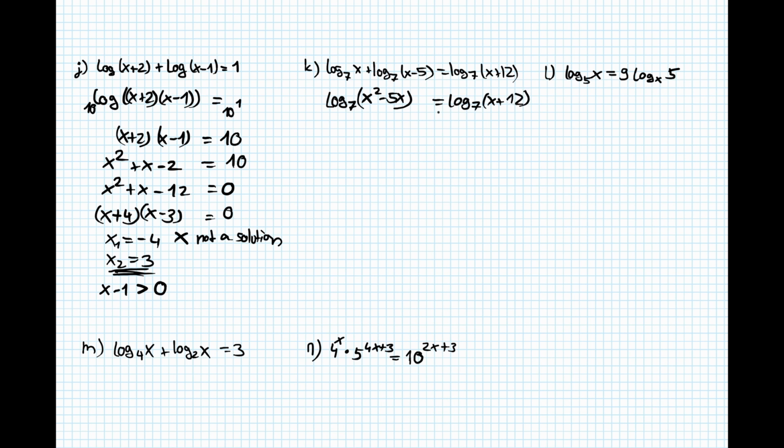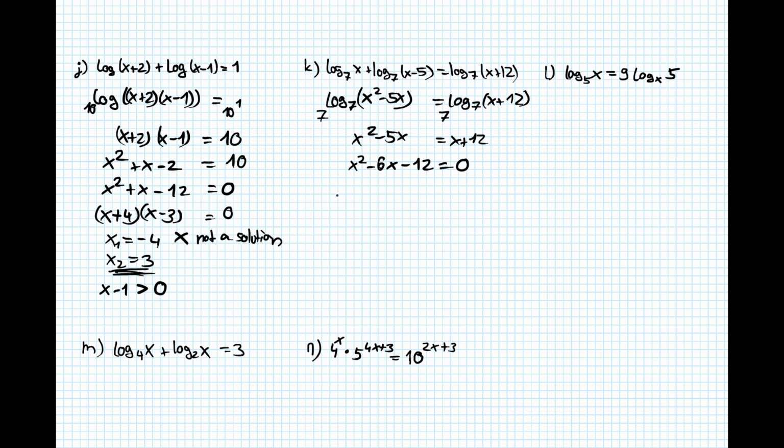Right, now we can eliminate the log. We'll be left with x squared minus 5x is equal to x plus 12. So x squared, now subtract x from both sides, so negative 6x, and then subtract 12 is equal to 0.